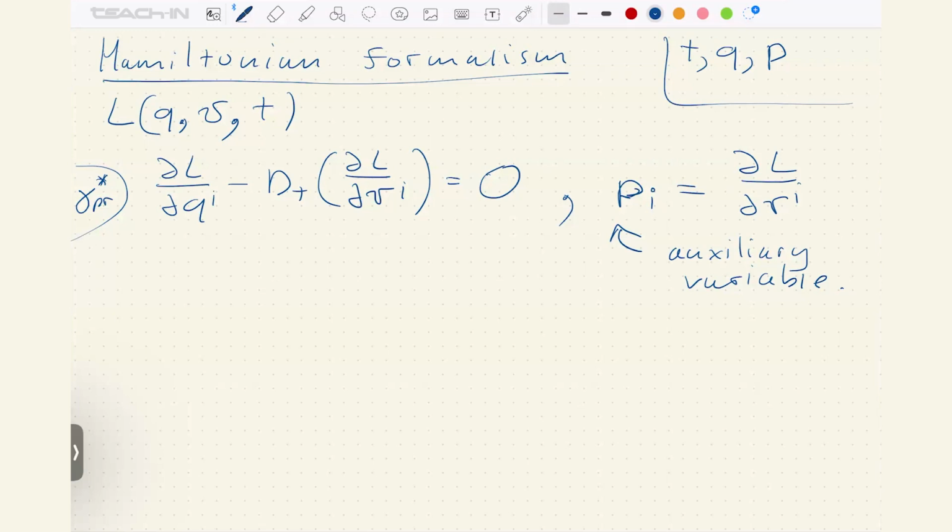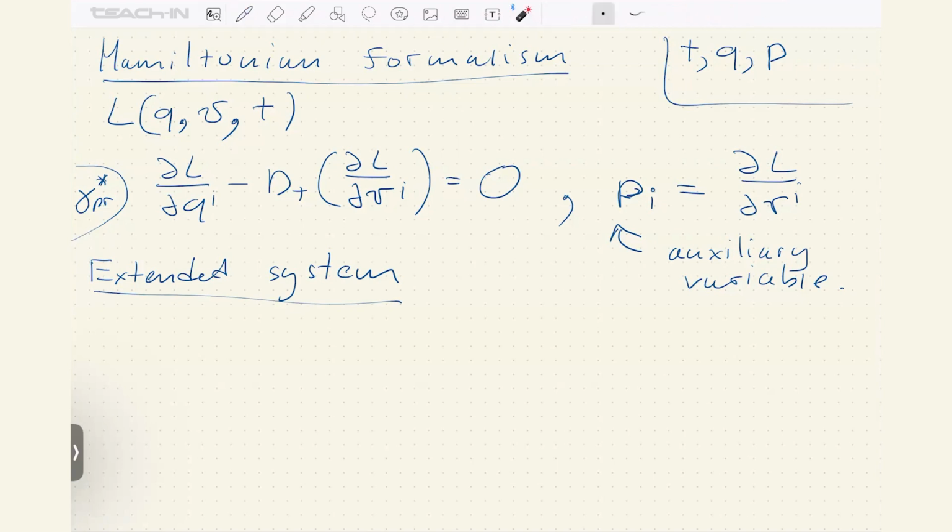So if we consider this new system, let's call it the extended system, solutions to our extended system are one-to-one with the initial system, right? Because nothing happens in the sector of these p variables.